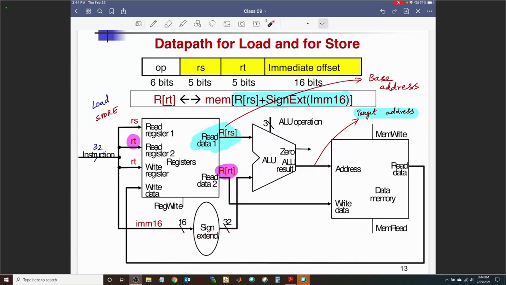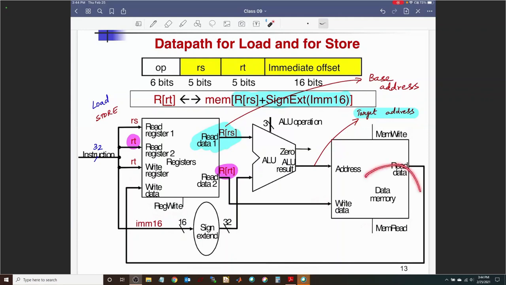So address works out the same way. No need for write data. It's meaningless right now, even if it's available, because you're trying to read. And when you read, data comes from here, goes to the write data input of the register file, and if you want to write, you have to make that 1. If you activate the register write, you would have completed that load instruction.